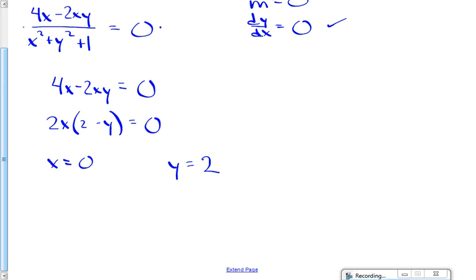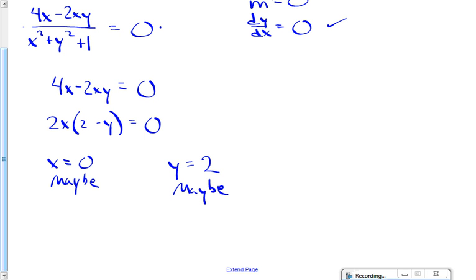So if we got a chance to have a horizontal tangent, it could occur at x equals 0, or it could occur at y equals 2. If it did occur at x equals 0, would we know the equation for the horizontal tangent? We would not. We would need the y-coordinate. If there was a horizontal tangent at y equals 2, would we know where it occurred? That's a yes. It would occur at y equals 2.